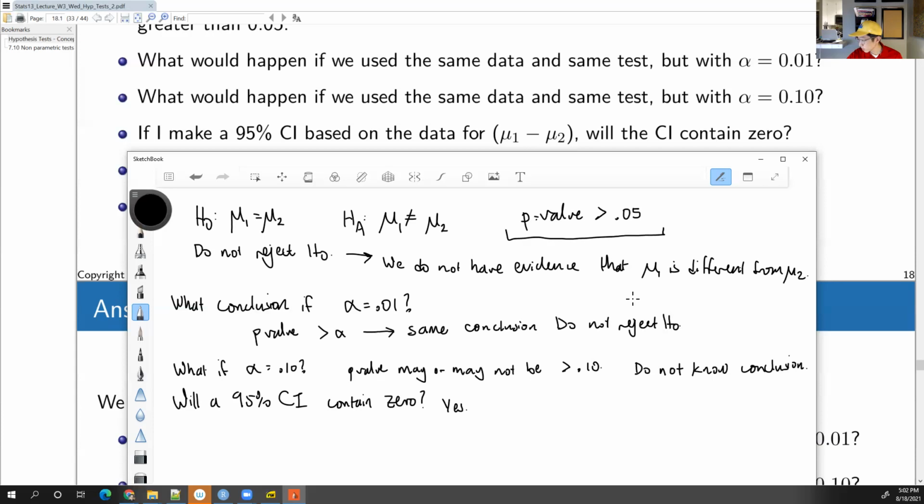So the confidence interval will make the same conclusion, which means the 95% confidence interval contains 0, right? When the confidence interval contains 0, that means we do not have evidence of a difference.